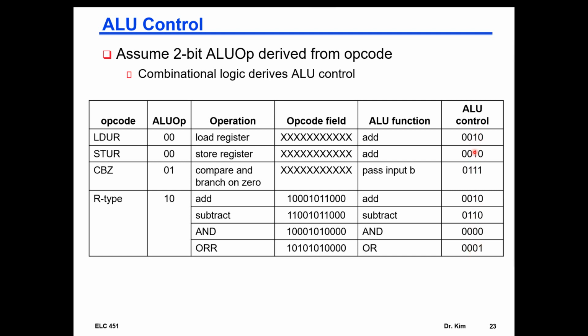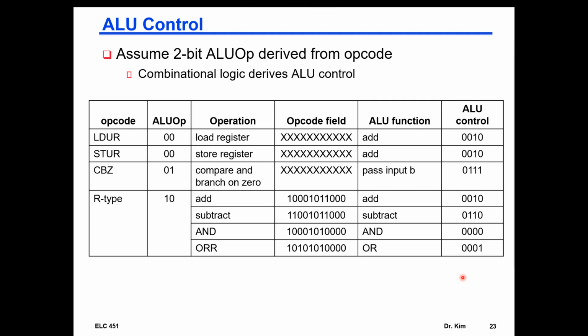So this is the output. So this in essence is a truth table where we have this many bits, these 2 plus these ones as inputs, and we have 4 bits as outputs. So that is going to be the subcontrol for the ALU.